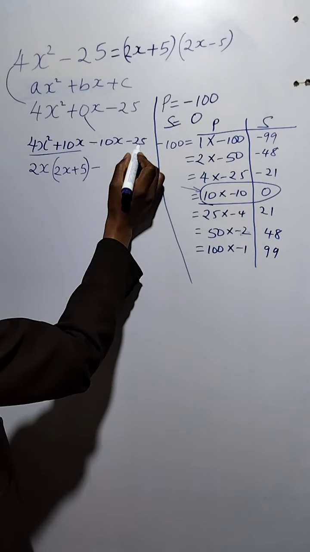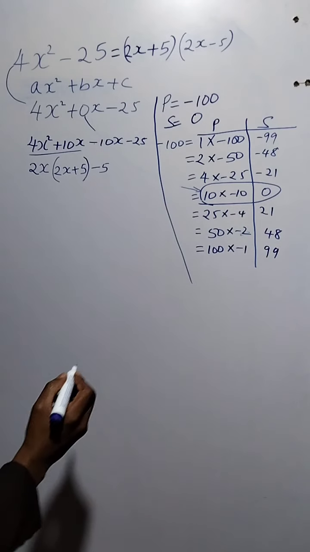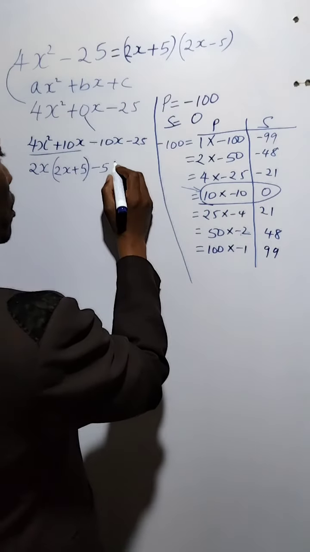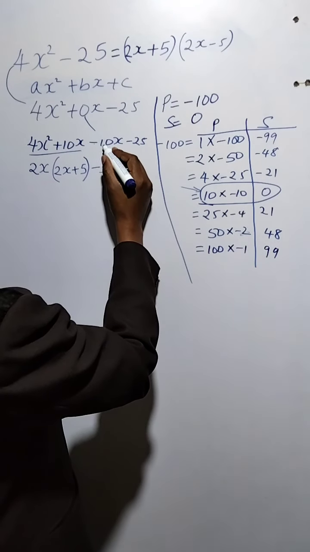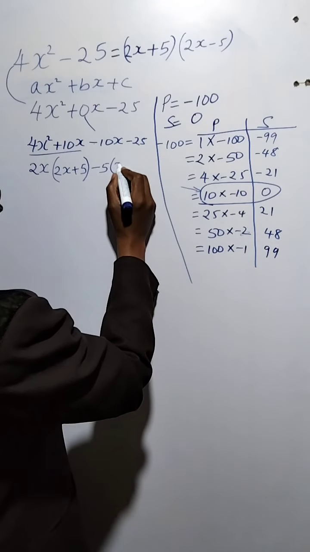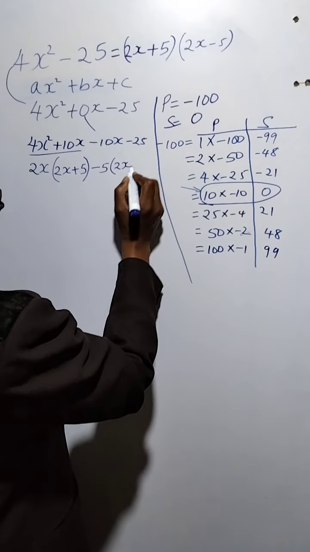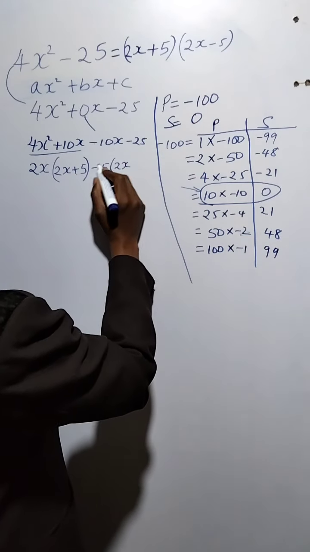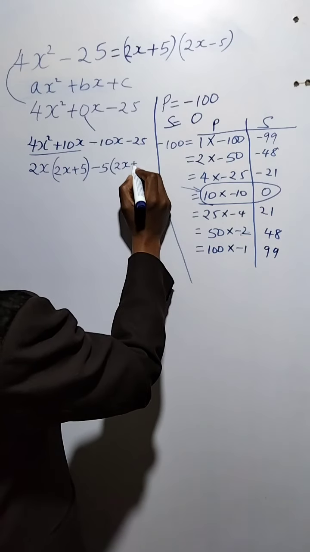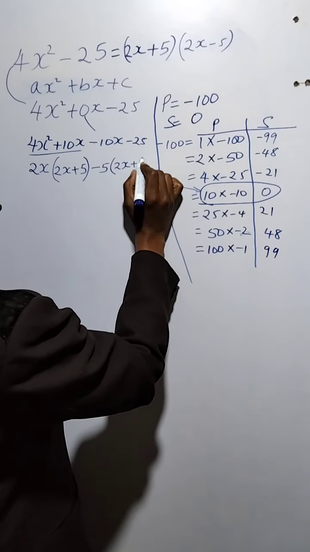Then minus. We have 10 and 25. The common factor here is 5. We cannot factorize x because x does not appear here. So we shall now insert brackets. Then negative 10 divided by negative 5 is actually 2. X doesn't have a partner there, so it will be positive 2x. Then a negative and a negative will give you a plus. 25 divided by 5 will give you 5.